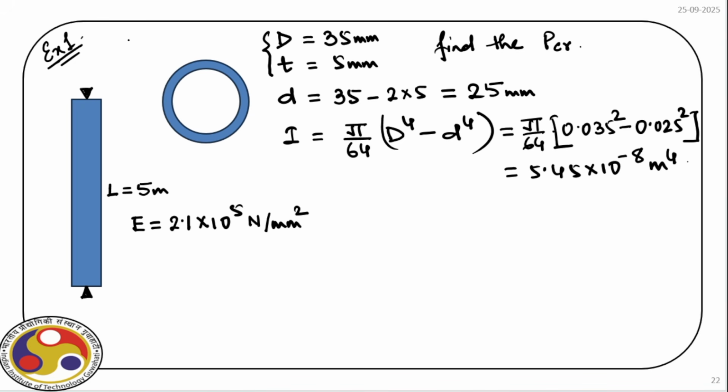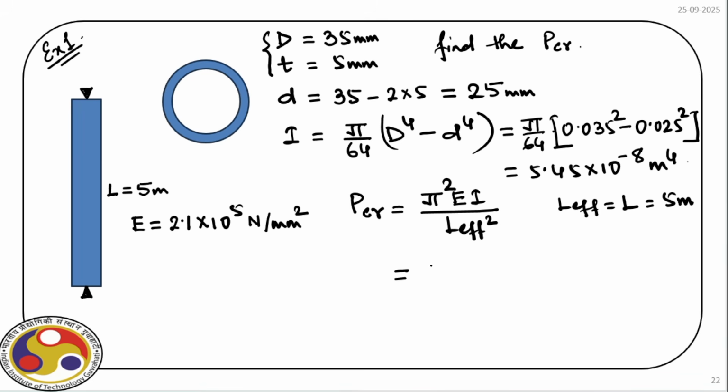Now, for a hinge boundary condition, the Euler critical load P critical is pi square EI divided by L effective square, and L effective in our case is capital L, and that is 5 meter.